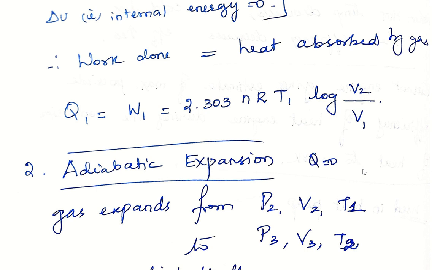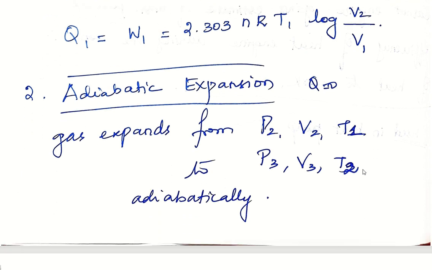The second step is the adiabatic expansion. In the previous step, we were providing heat to the gas placed in the cylinder. Now the heat reservoir is removed, and the walls are insulated. As the walls are insulated, no heat energy is transferred outside or inside.